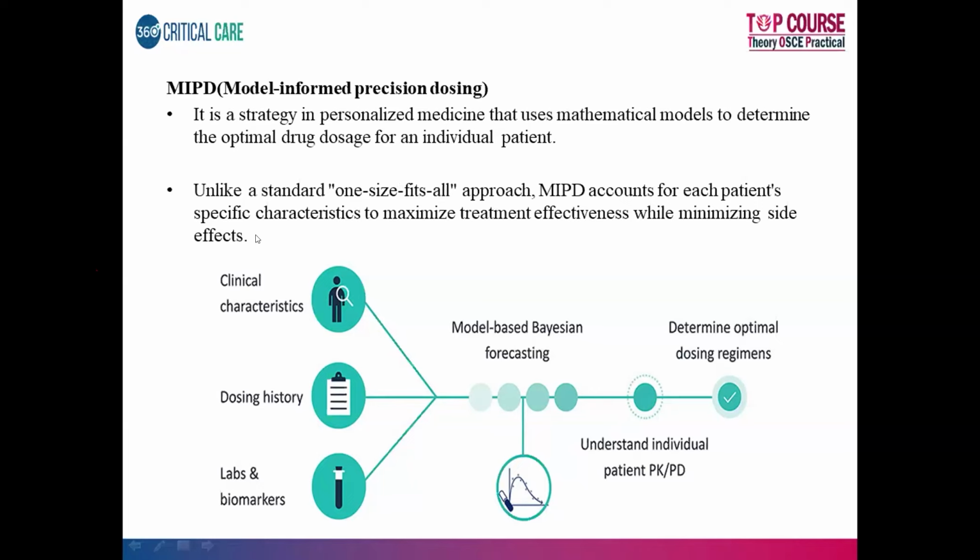So basically here your AI comes into play. What does MIPD do? It takes into account the clinical characteristics, the dosing history, the labs and biomarkers, and then it makes a model. Model-based Bayesian forecasting is done, and it understands for that particular patient, if there is a renal disease or a liver disease, the individual PK/PD of the patient, and then it will determine the optimal dosing regimens. So this is about MIPD.